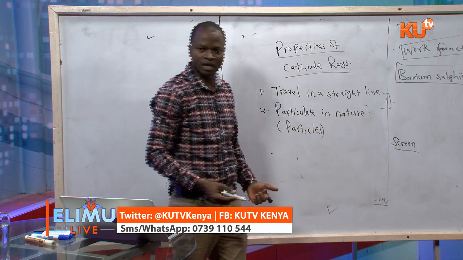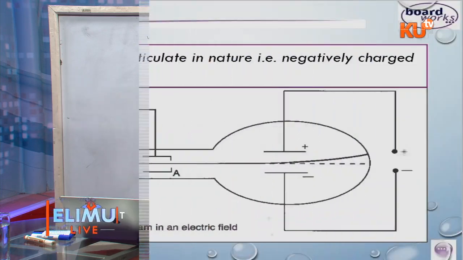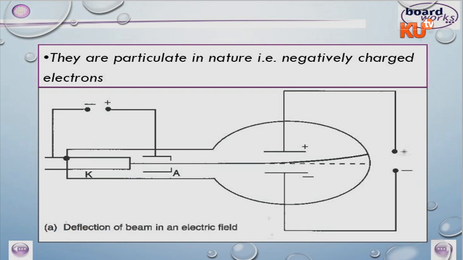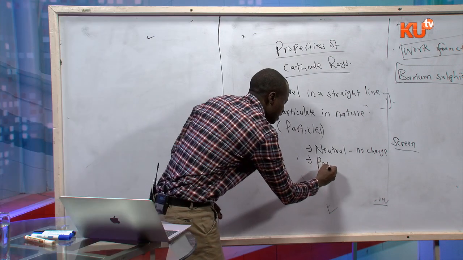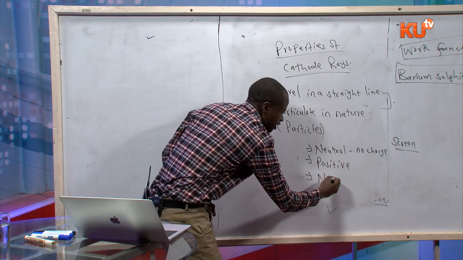Cathode rays are particles. And what are some of the properties of particles? In Form 2 again, you looked at the structure of the atom, and you could talk about the atom either being neutral. Neutral means no charge. Or it could be positively charged, or it could be negatively charged.